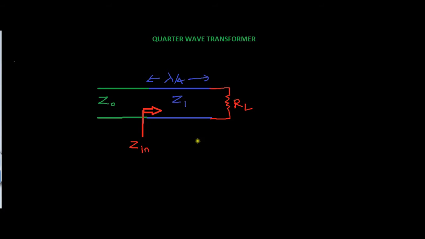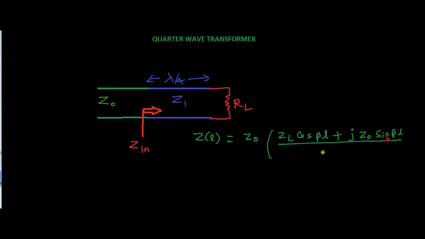The impedance at any point on a lossless transmission line is Z of L equal to Z0 times ZL cos beta L plus j times Z0 sin beta L, and in the denominator it is Z0 cos beta L plus j times ZL sin beta L.